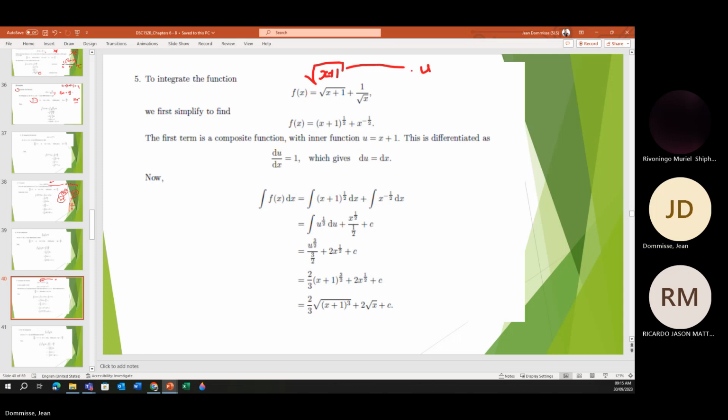Then obviously it would have been u to the power of a half, and then here you can again see they worked it out with that. So again, it would have been very difficult to work with a square root.